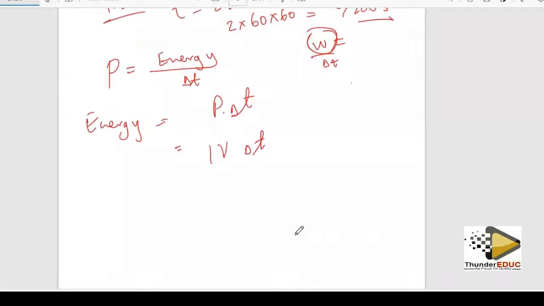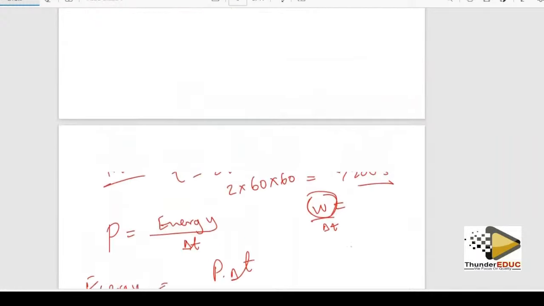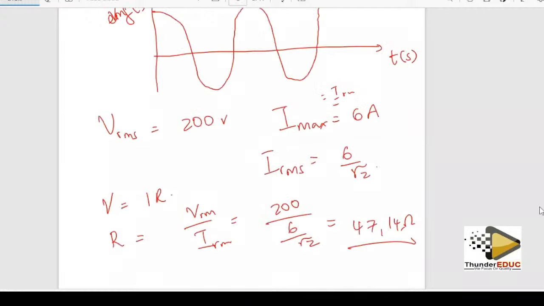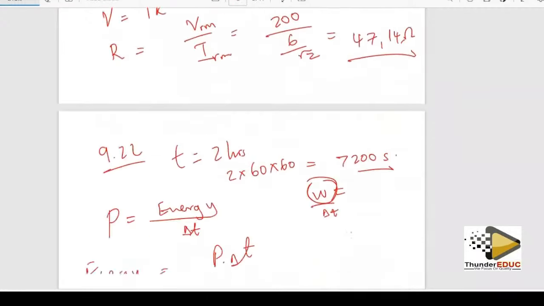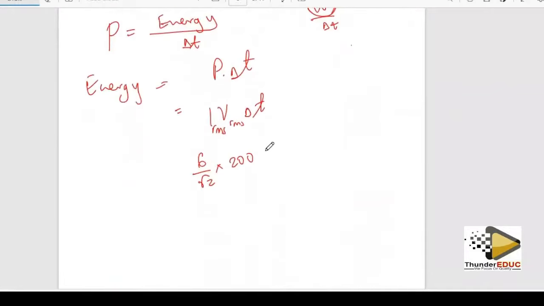The current that I'm using is the root mean square, so that is 6 over root 2, times the 200 for the voltage from the previous question. And then I'm multiplying this by my time, which we said is 7200.